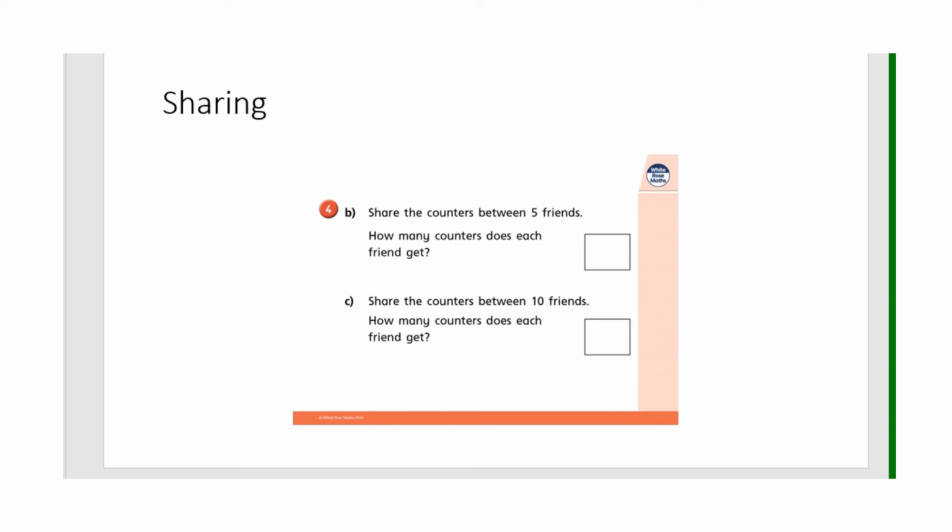Then it says, share the counters between 10 friends. How many counters does each friend get? So pause the video now and have a go at that. It's also like saying, how many 5s in 30? How many 10s are in 30?